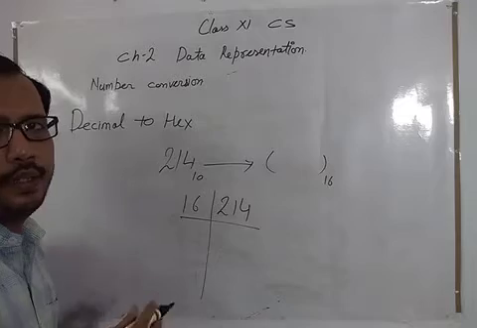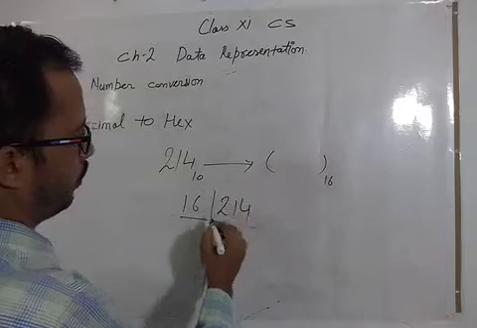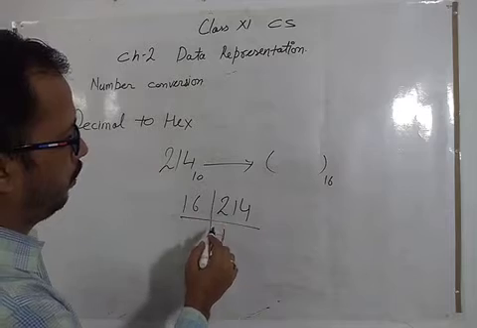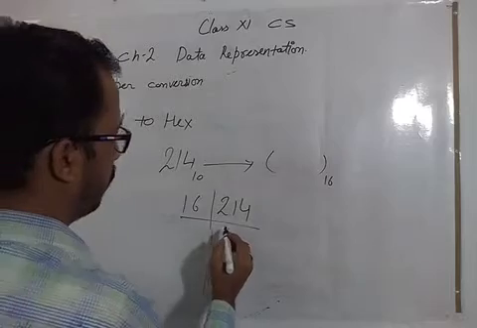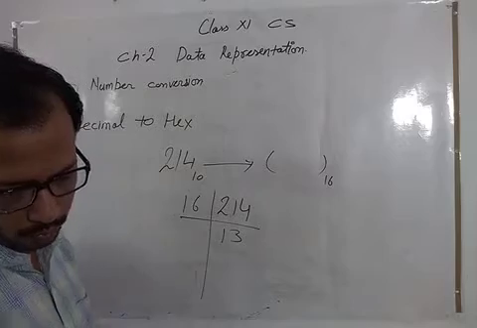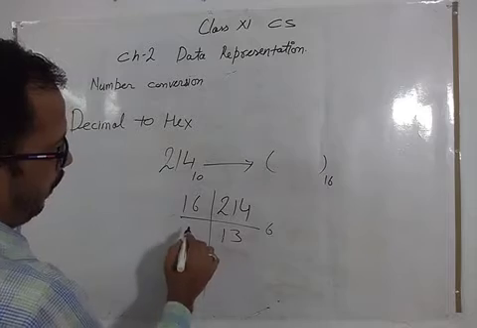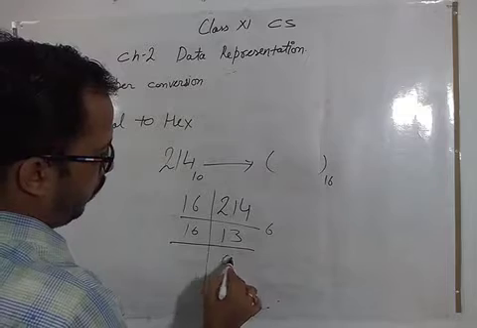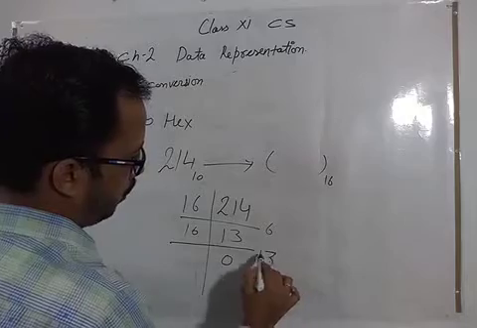How many times will it be divided by 16? 16 ones are 16, 16 fours and 5, 54. 13 times. So dividing it 13 times, it will leave remainder 6, and again dividing by 16, 0 times, because it is already less than this. So here it is 13.